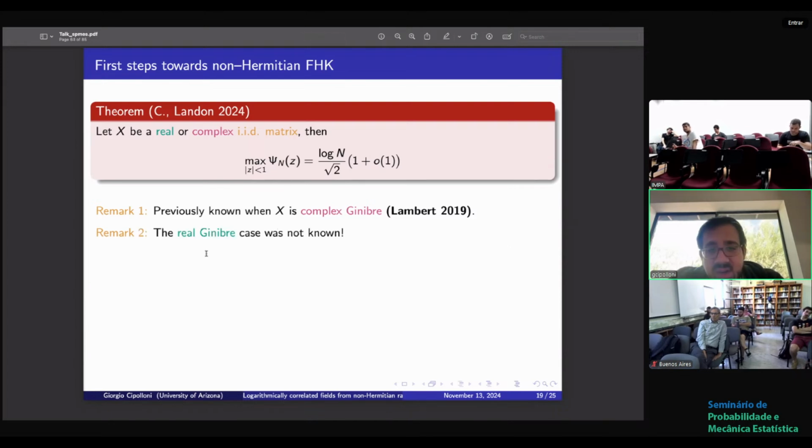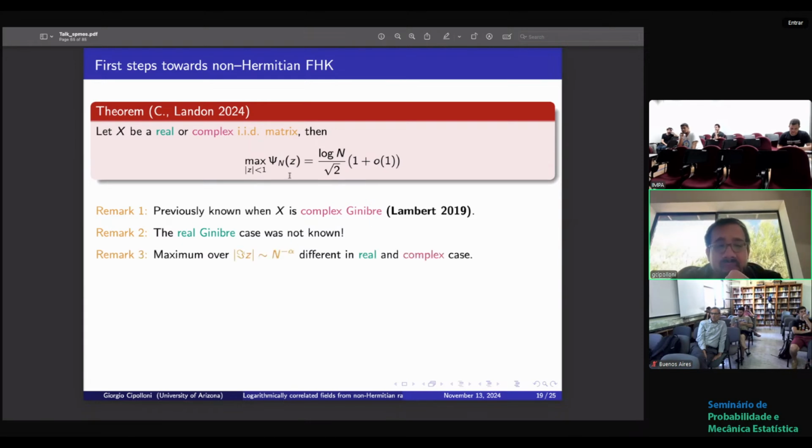Even when the entries are real Gaussian, this was not known, because while also for real Gaussian matrices the correlation function of the eigenvalues is explicit, it's very involved because of the special role of the real axis. So as a consequence of our result, we also show these asymptotics for real matrices.